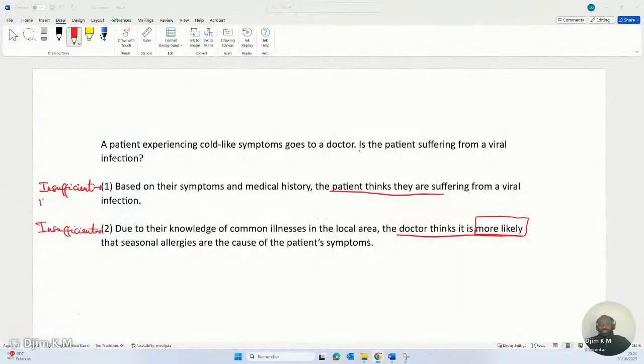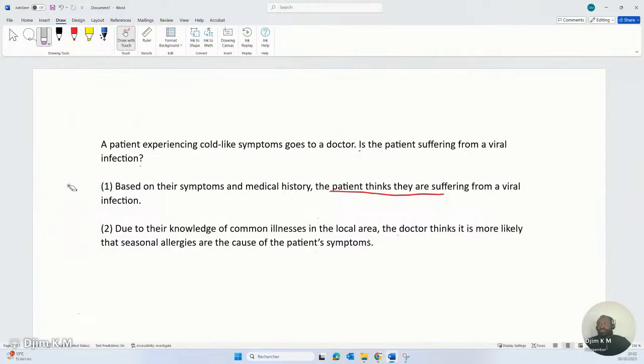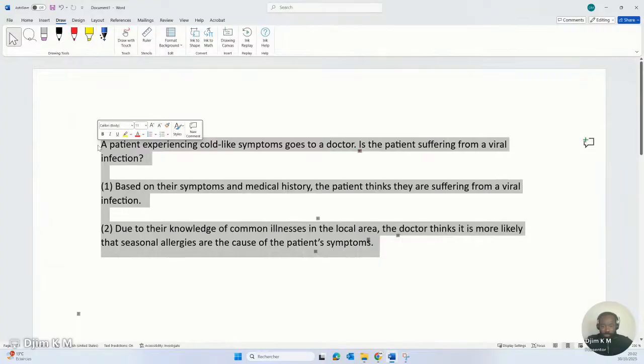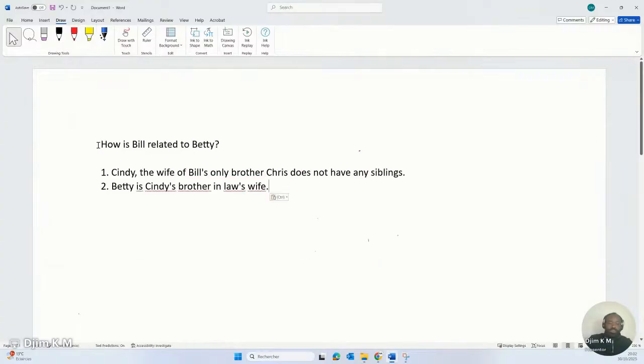Next question says, how is Bill related to Betty?